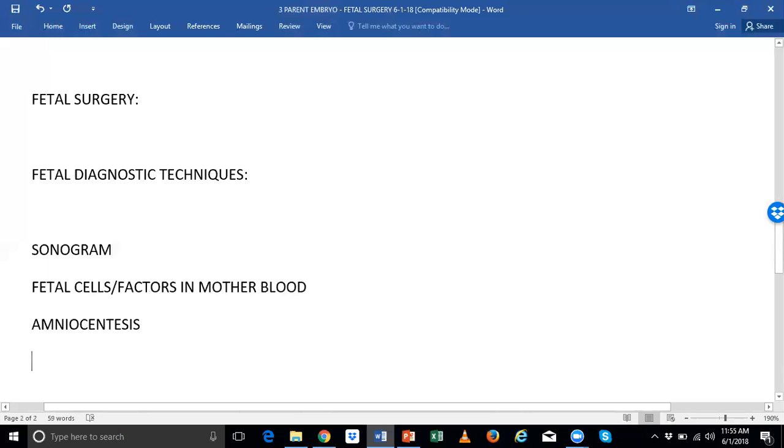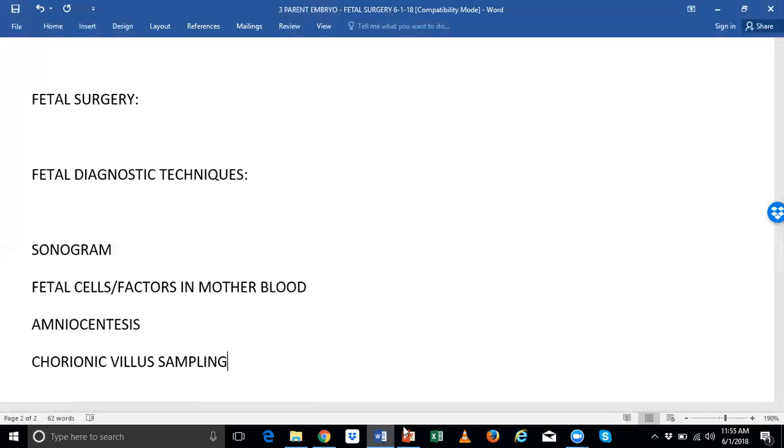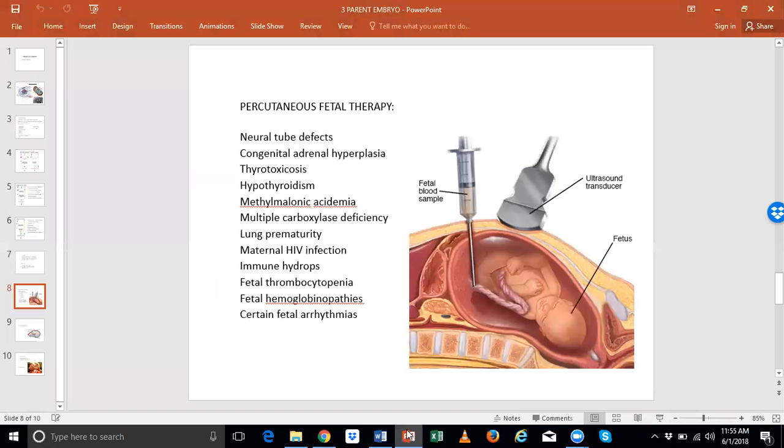And then there's another one, chorionic villus sampling. That's a little higher because that is actually taking some samples of the embryonic tissue or the fetal tissue, the chorion, which is one of the membranes, right?